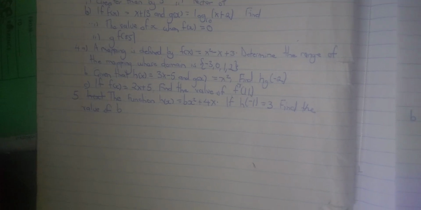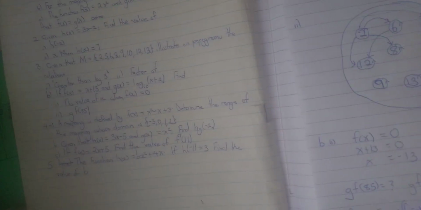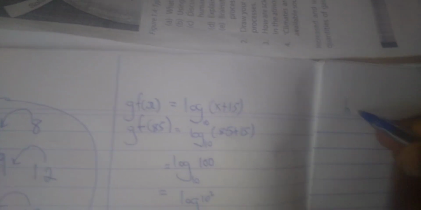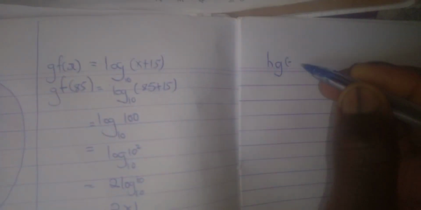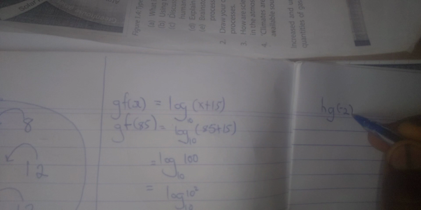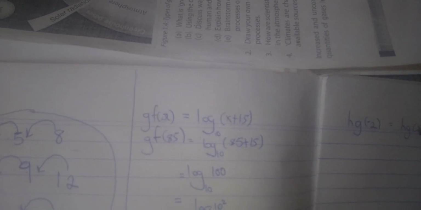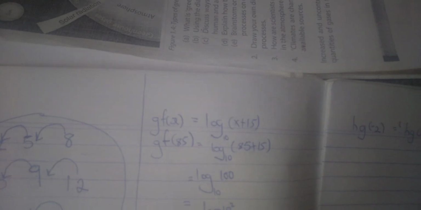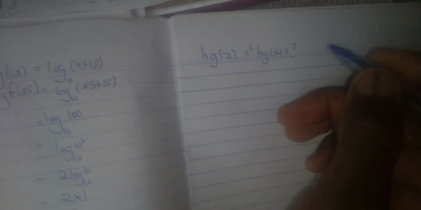But before we get h g of -2, we shall first of all look for h g of x, which we don't know.